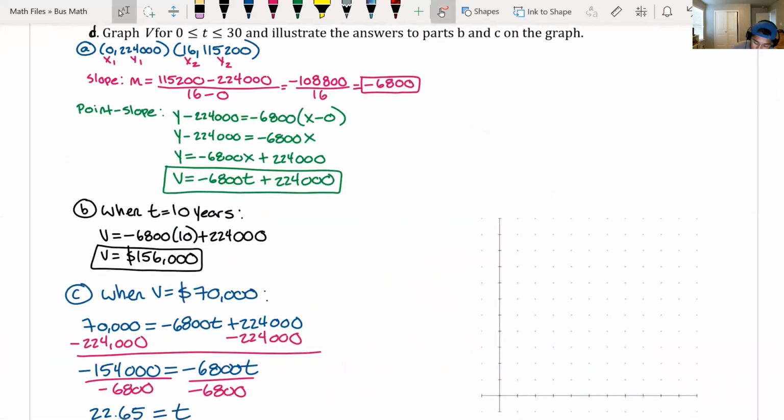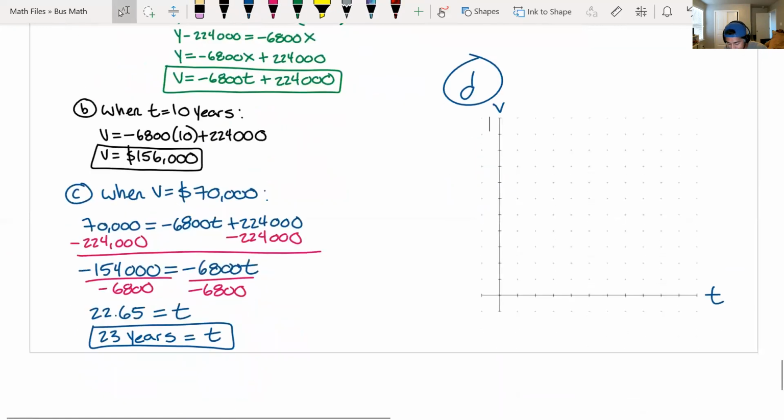Okay, so this part is just considered D. This is D. Okay, so they're giving us T. So the bottom is T. This one is V, right? Because V is Y, T is X.